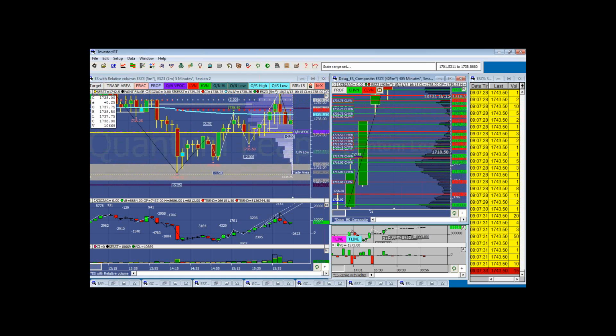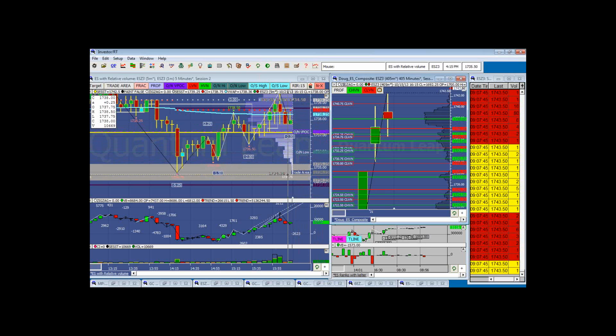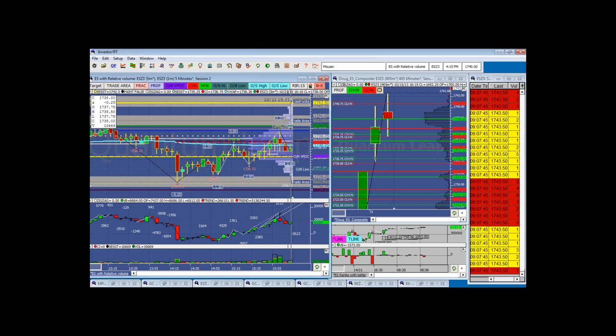But I can't use 36.25 as an entry, because we have a possibility of bouncing off of the overnight low. So I'm just going to be very careful in this area between 34.75 and 40.75, because we can come back down here, and this area is pretty blunt on the profile. So there's really undetermined fair value here, and we could just chop around.